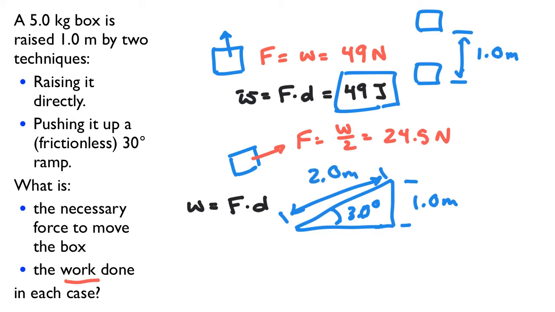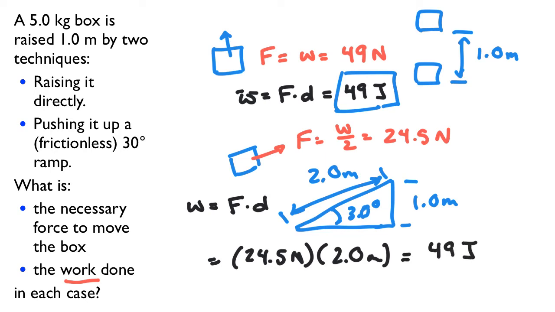So the work that I have to do is a force of 24.5 newtons. That's the force I have to push up the ramp with, times the length of the ramp of 2.0 meters. And so I end up with a work that I have to do of 49 joules. Okay? And so I have to do exactly the same amount of work to move the box up the ramp.